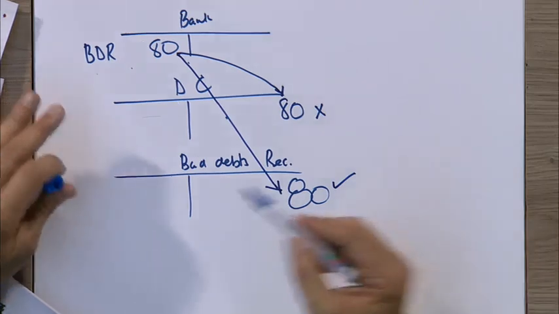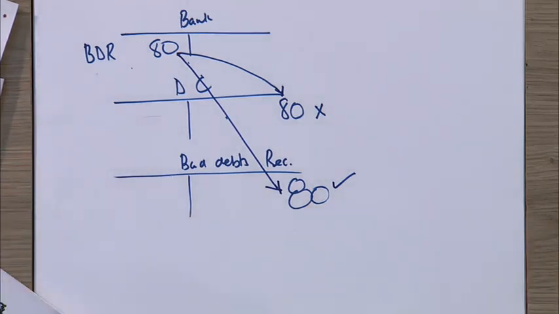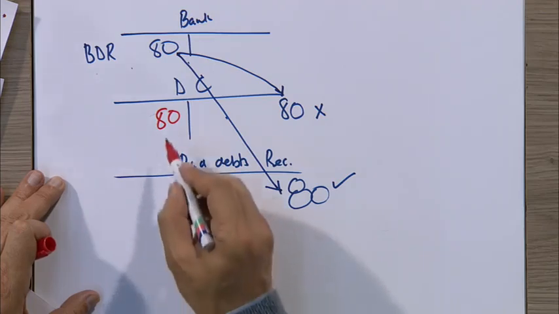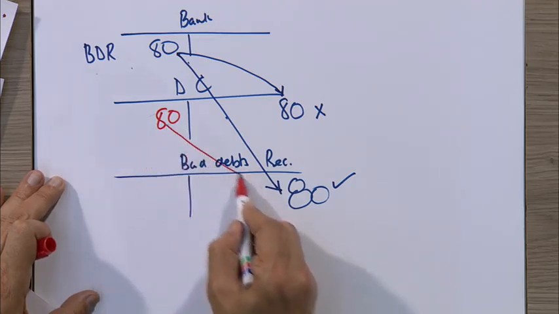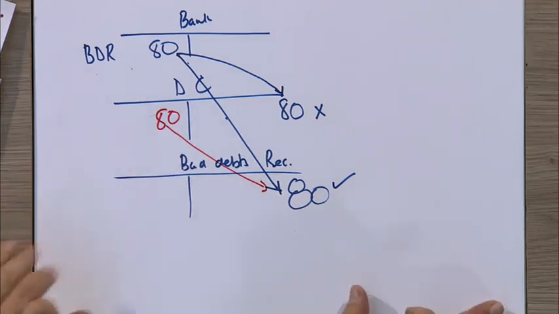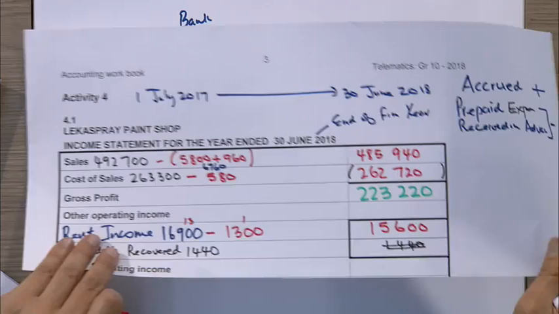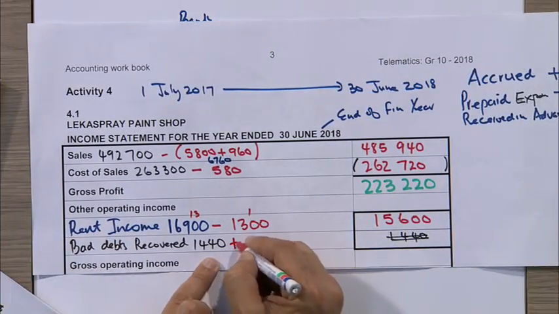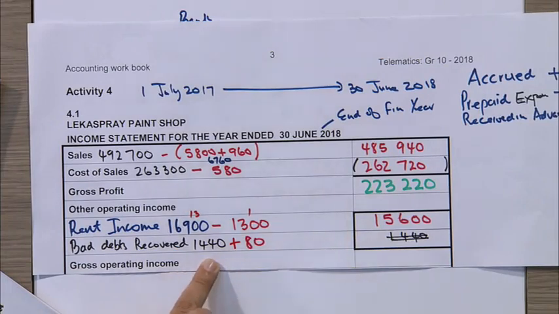Okay, so what we're supposed to do now is we have to fix our mistake. We have to add 80 back to debtors control, and we have to add 80 back to bad debts recovered. That is why when we do the adjustment, there is an opening total, so we have to add 80 there.